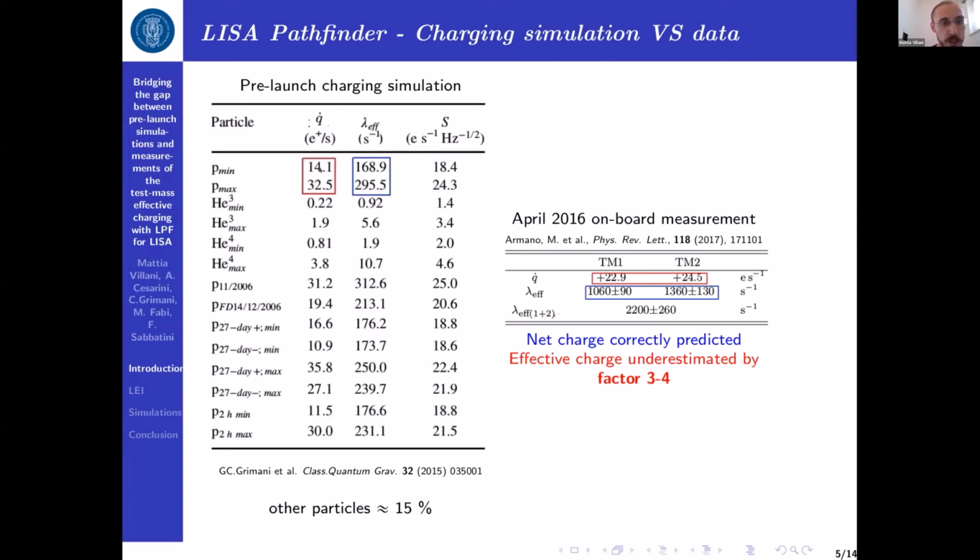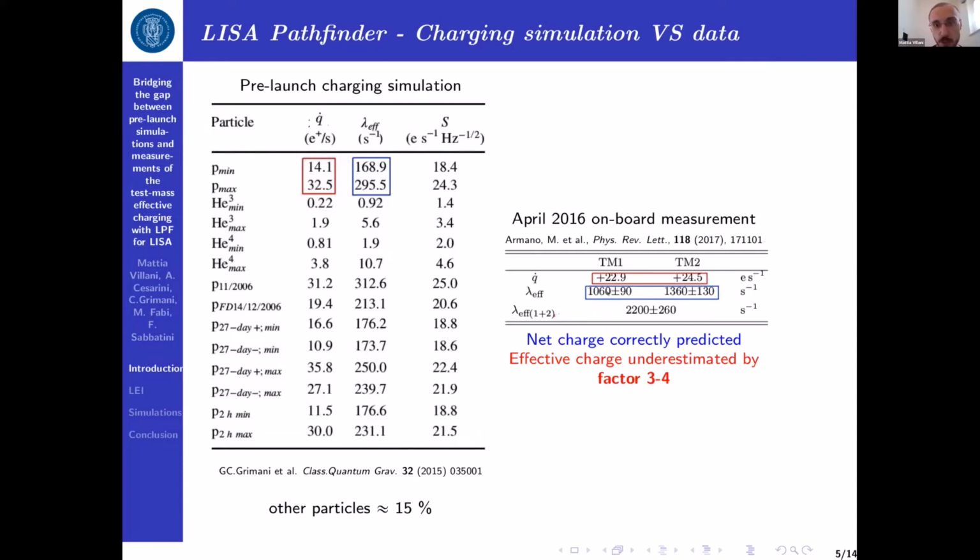You see that the old simulation gave an effective charging of 170 for the solar maximum and 300 for the solar minimum. And Pathfinder was somewhere in between?